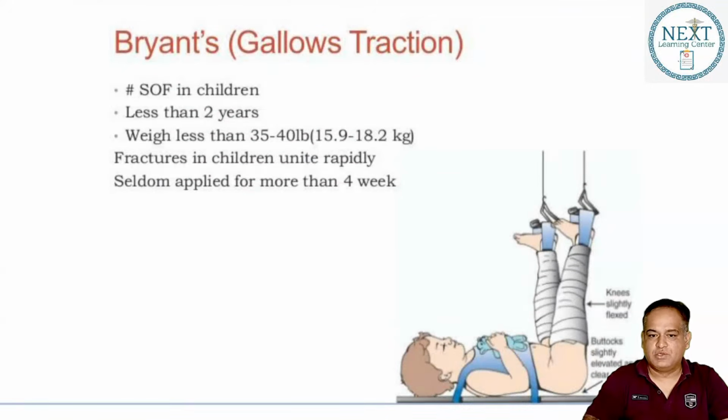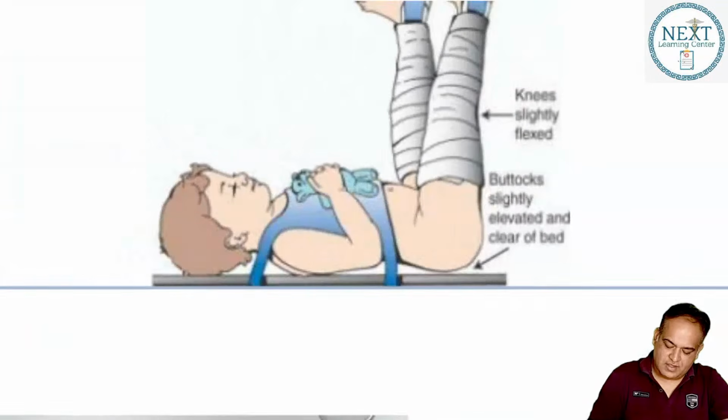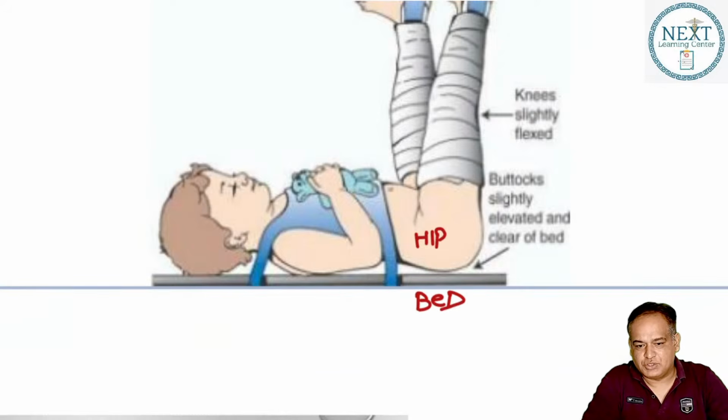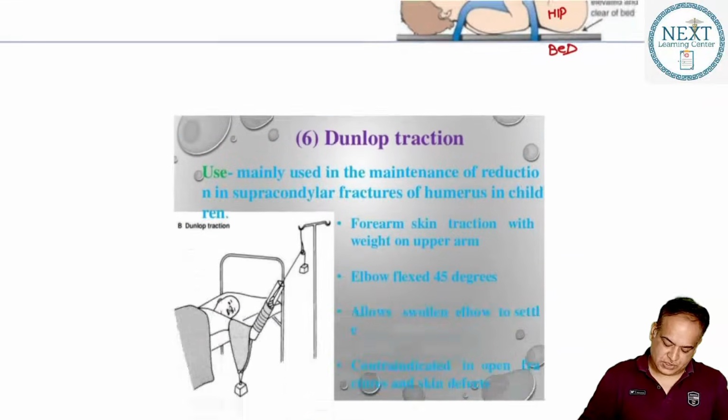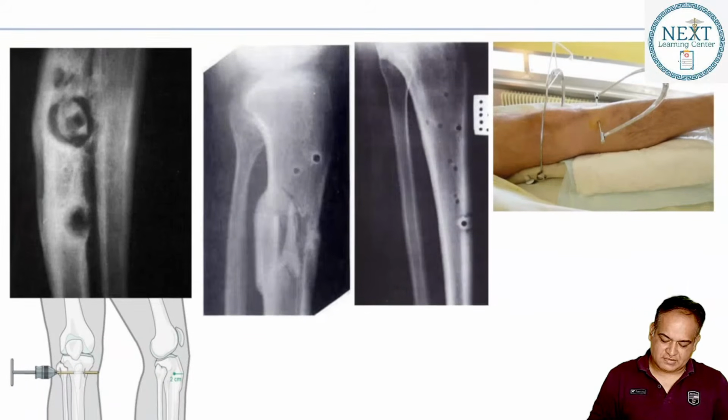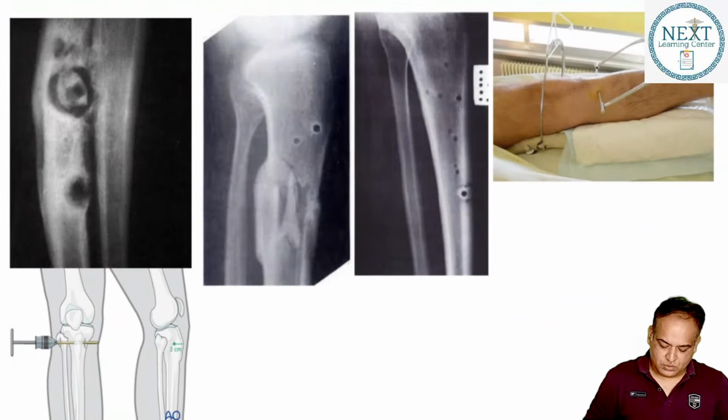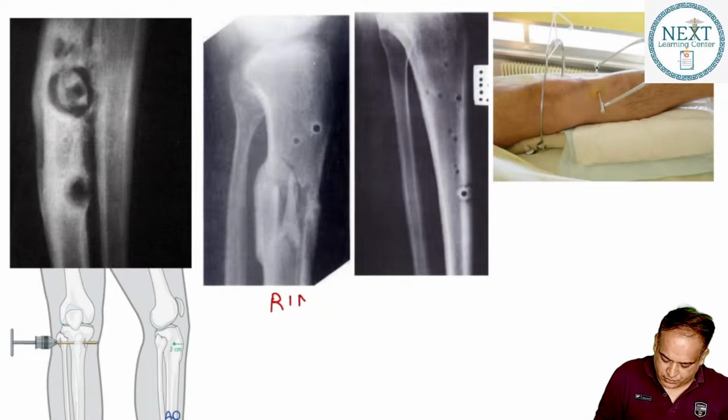Now, gallows traction. If the hips of the baby are not touching the bed, that is gallows traction, used for femur fracture. Dunlop is not important. Yes, this image is important. This image is showing you ring sequestrum.